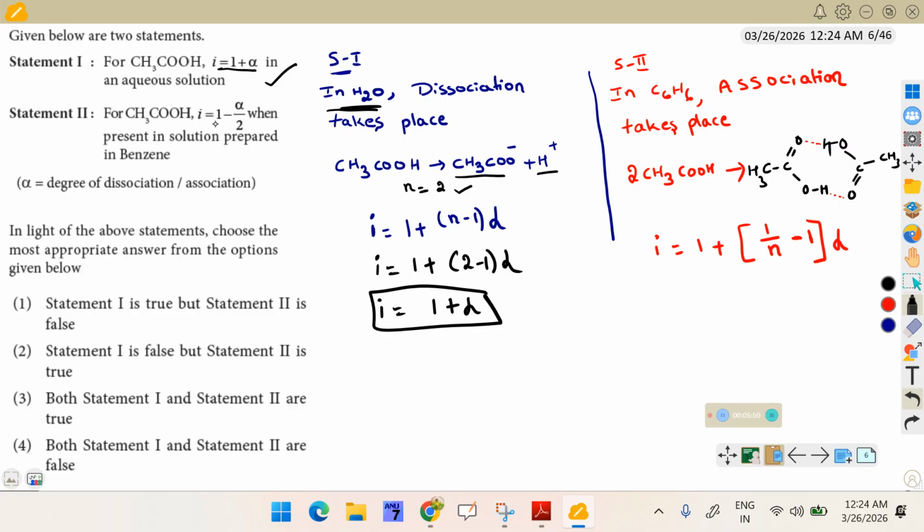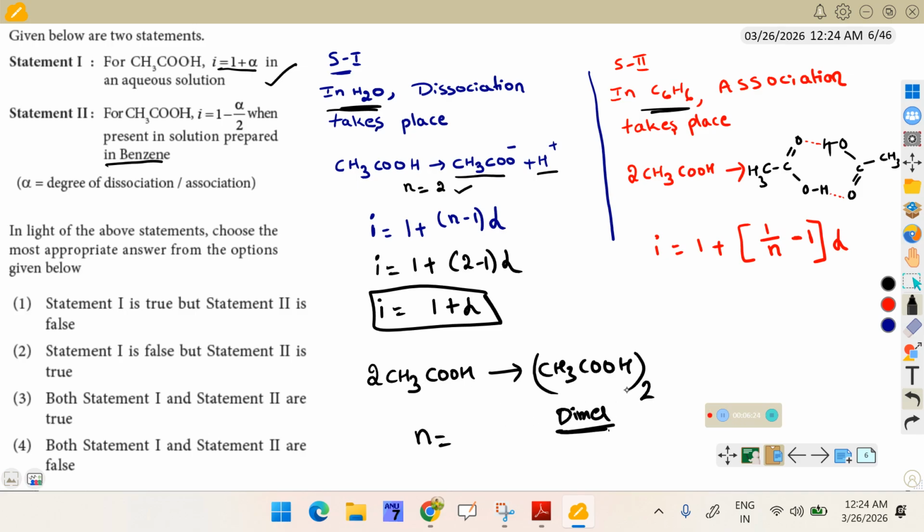For CH3COOH, i is equal to 1 minus alpha by 2 when present in solution prepared in benzene. In the presence of benzene, CH3COOH undergoes association. CH3COOH is converted to two CH3COOH molecules together; dimerization takes place.